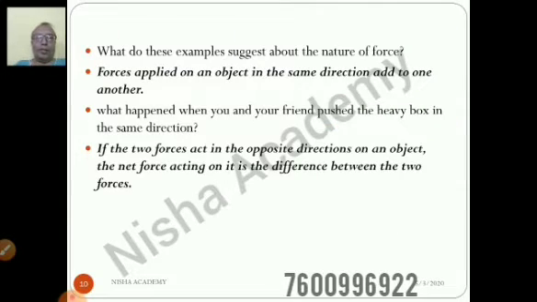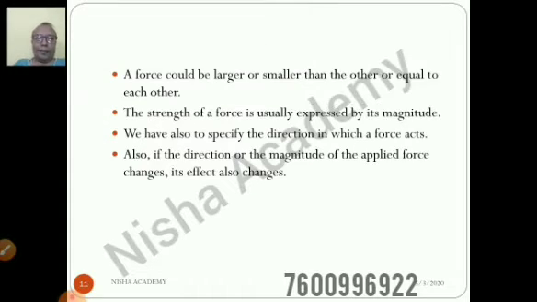So forces applied on an object in the same direction will be added to one another, but if two forces act in the opposite direction on an object, the net force acting on it is the difference between the two forces. So a force could be larger or smaller than another or equal to each other.